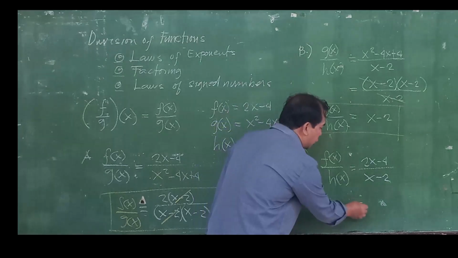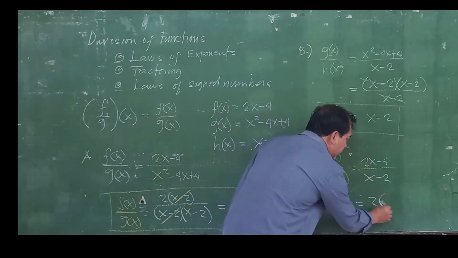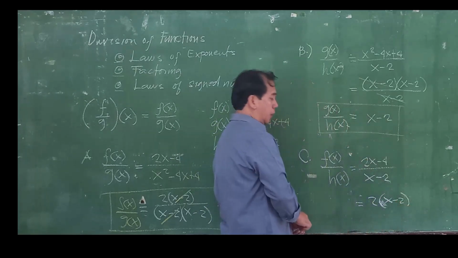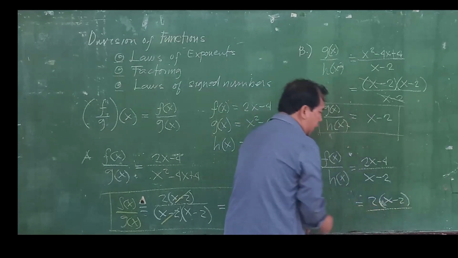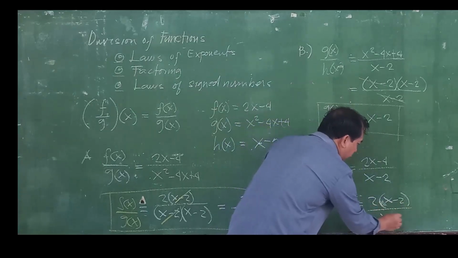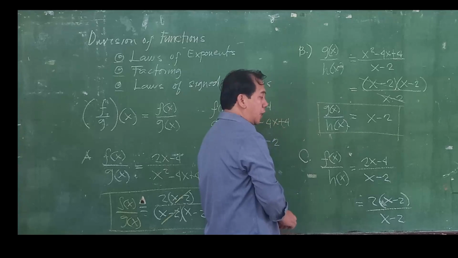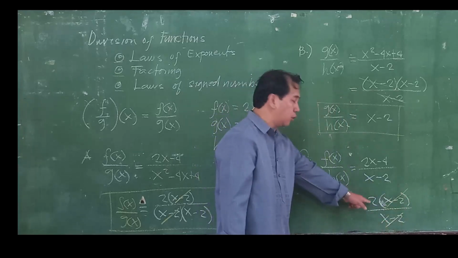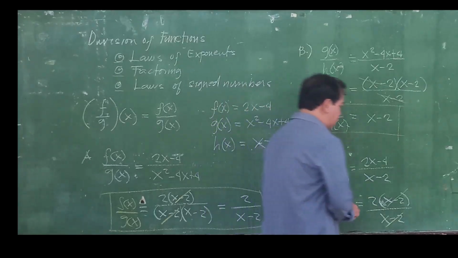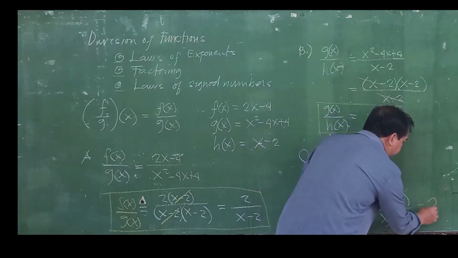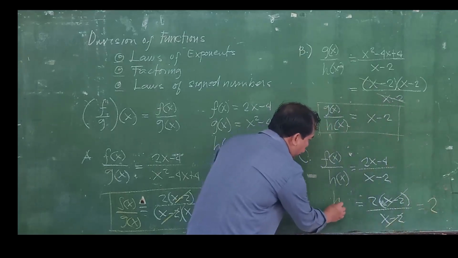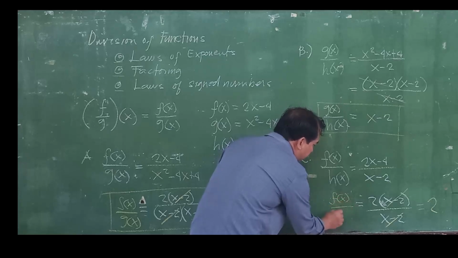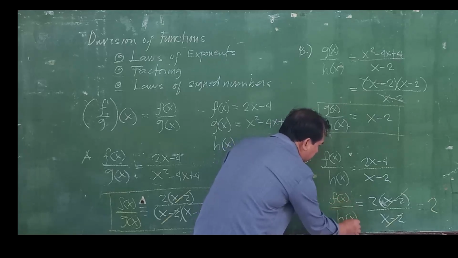What are the common factors of the numerator? 2 and the quantity x minus 2, over x minus 2. Now we can immediately divide this one, and 1 multiplied by 2 will give you 2. So what is the result? The result is 2, the result of f of x over h of x.